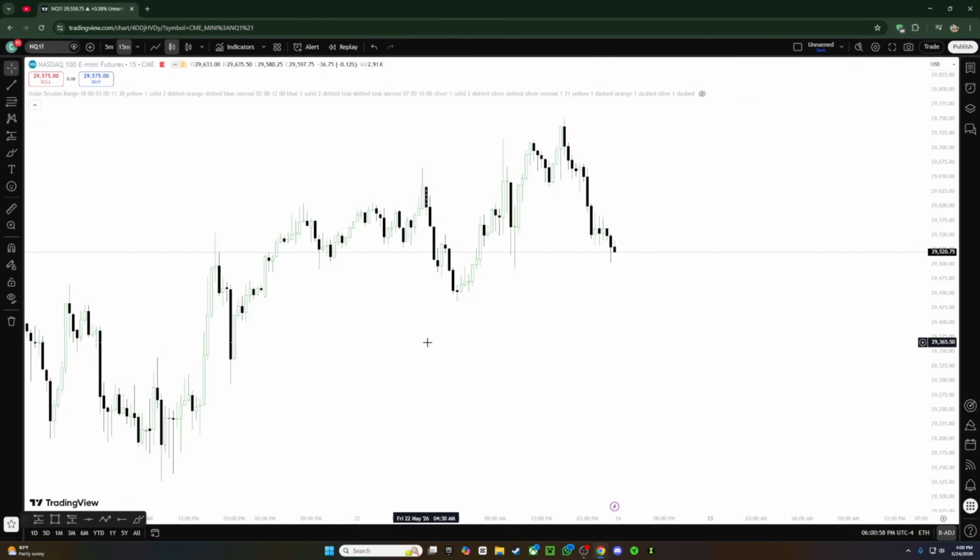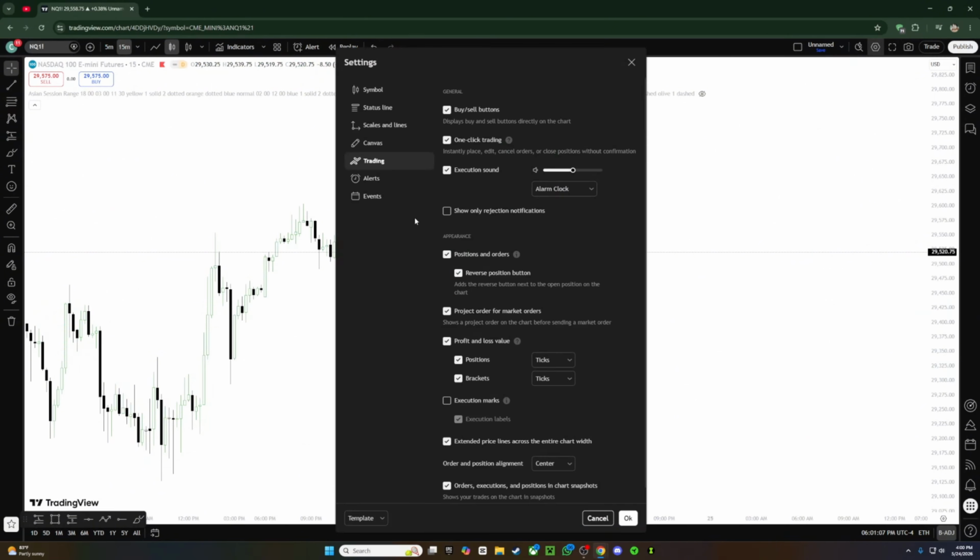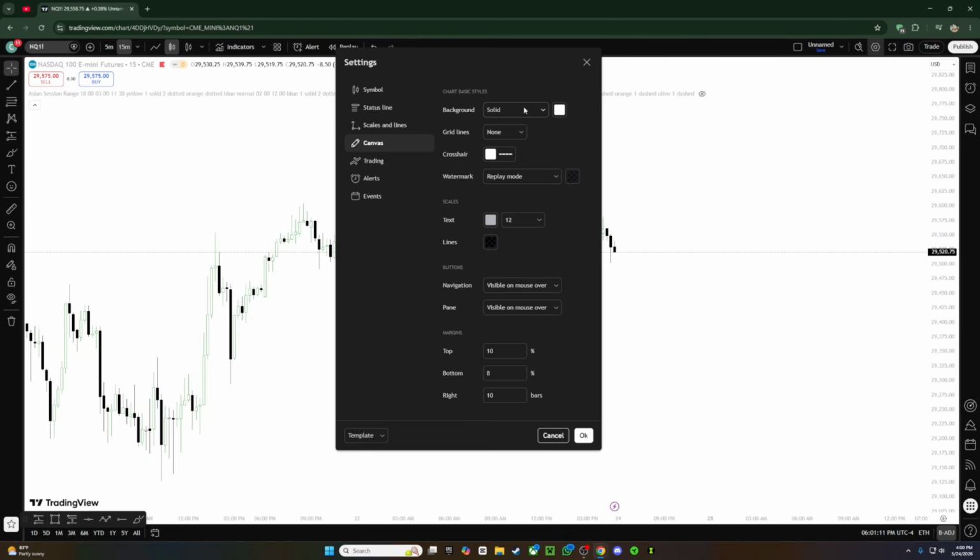And if by any chance you also want to copy the way my candles look, you could just right click settings, canvas, solid background. You can change the color.